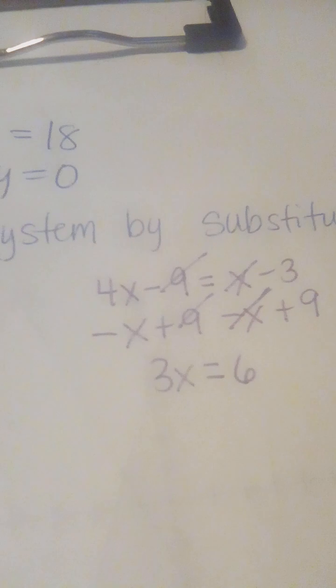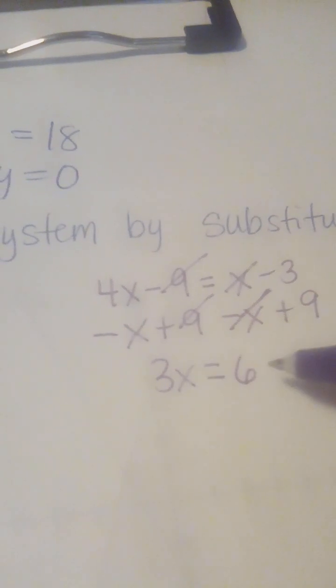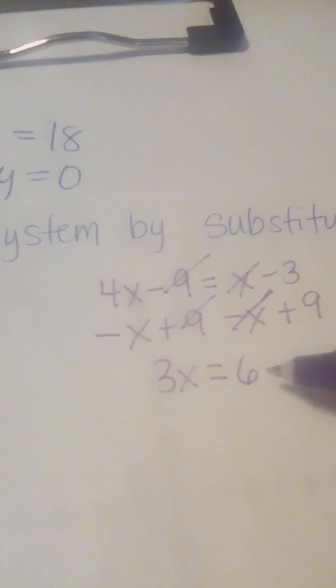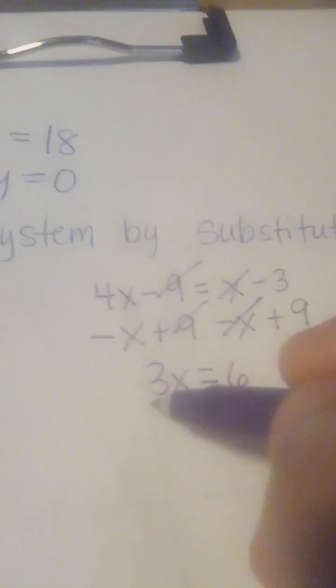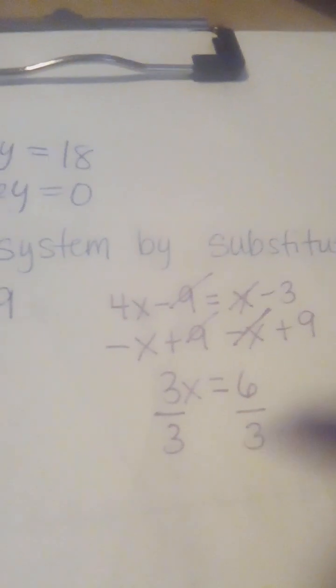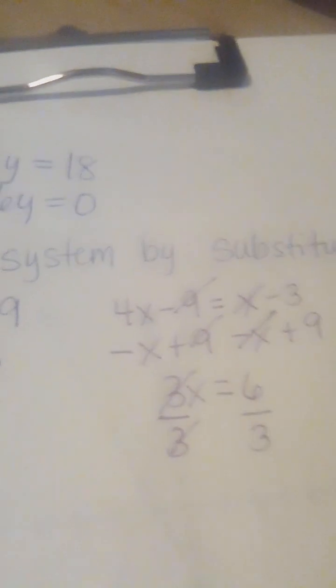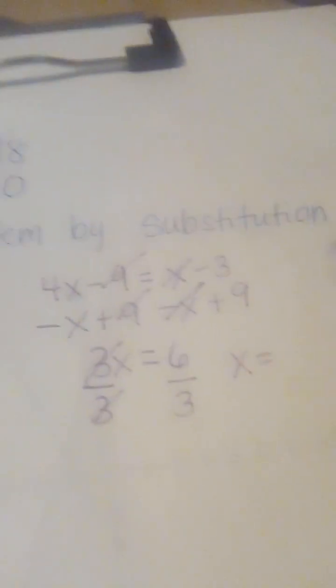Almost done cleaning this up a bit. Then we divide. What is the number in front of x to divide? 3. Divide both sides of the equation by 3. Cross out the 3s, bring down the x. We have 6 divided by 3, that gives us 2.